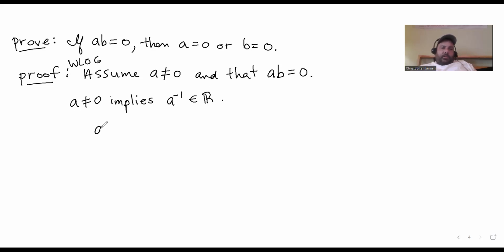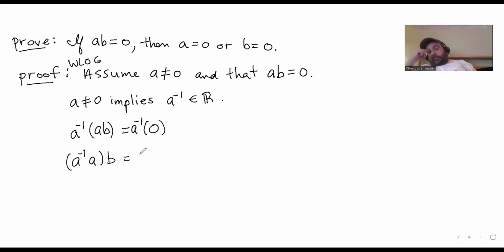So if AB is equal to 0, I can multiply both sides by A inverse, and I can reassociate on the left-hand side by the associative law for multiplication. And from the fact that we just proved before, A inverse times 0 is 0. So here we get 1 times B is 0. So B is 0.